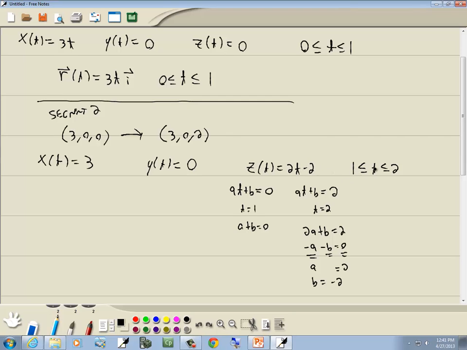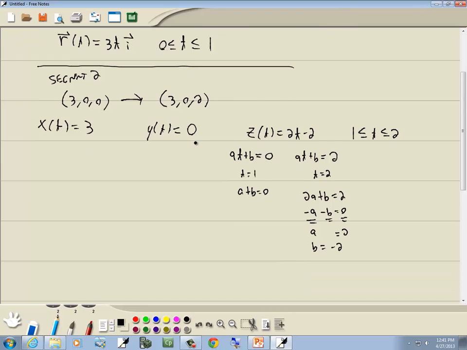Let's double check this. Plug 1 in for t. 2 times 1 is 2, minus 2 is 0. That gives us our beginning z value. If I plug 2 in, 2 times 2 is 4, minus 2 gives me 2, which is my ending z value. So that works. So this particular piece here, we're going to have r is equal to, now x is 3, so we still have to put that.